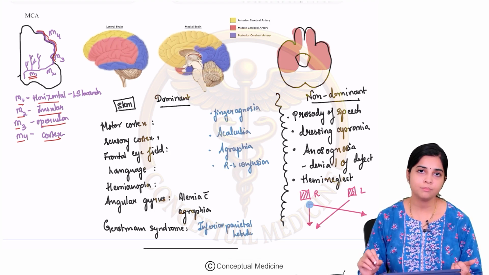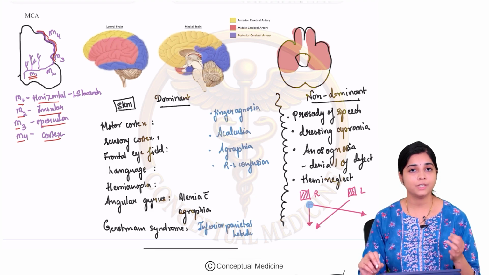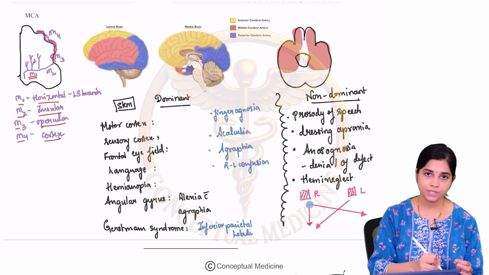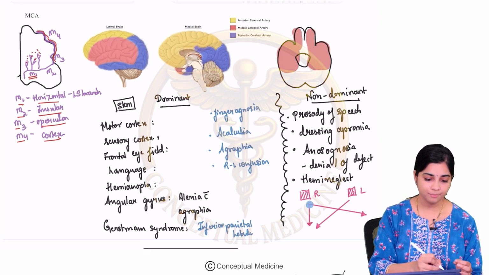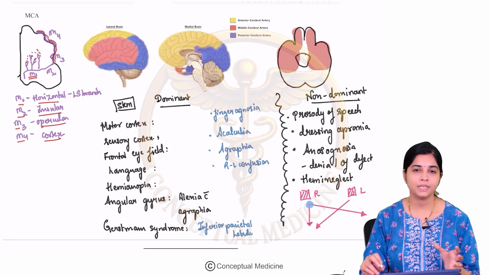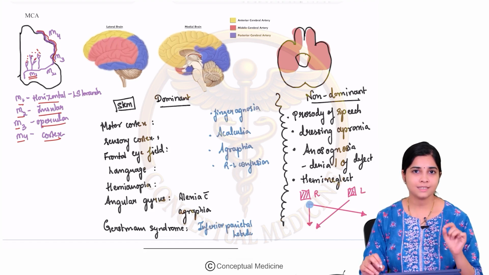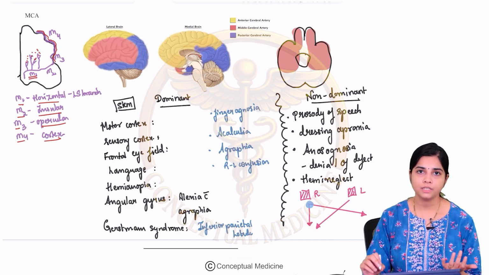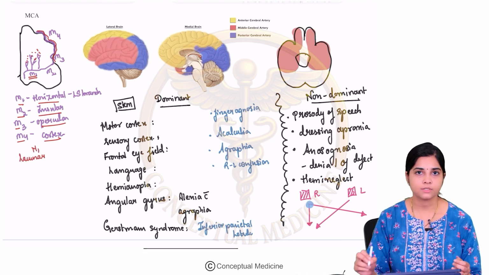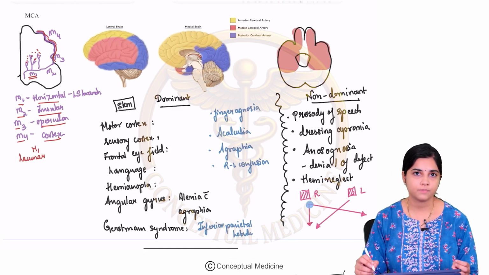If the M1 branch of your MCA is involved, you can see that the M1 segment gives rise to multiple small branches which penetrate deep into the white matter of the cerebrum and supply it. So M1 affection can cause lacunar strokes. M1 is predominantly associated with lacunar strokes.